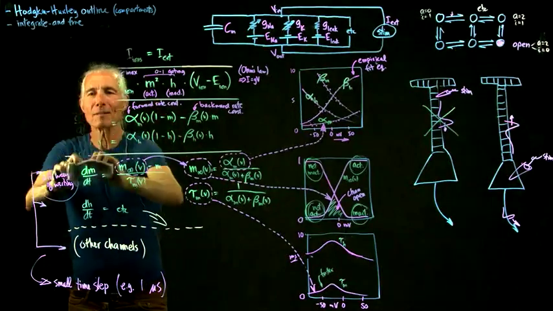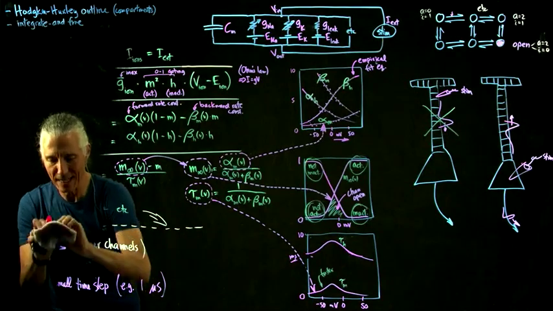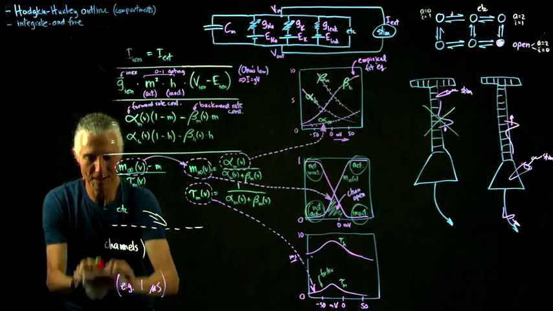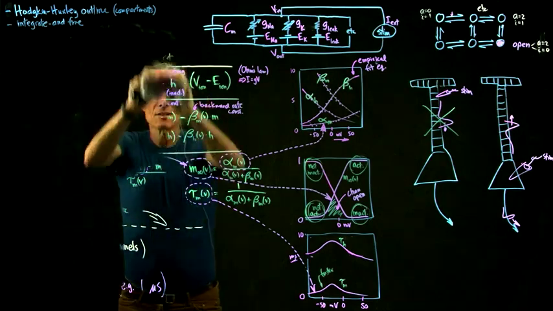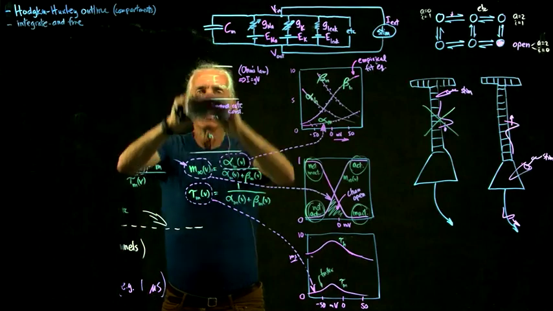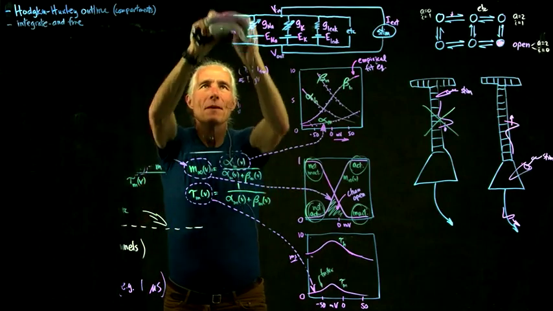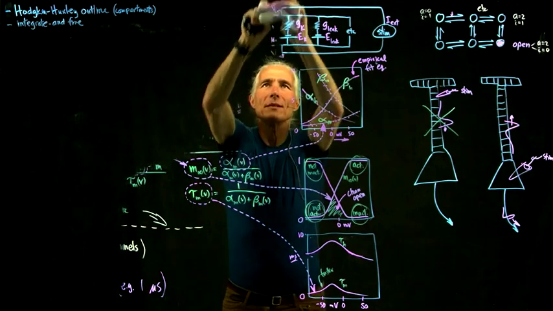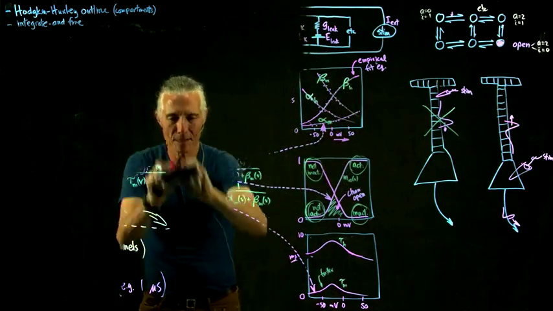One of the big problems with the Hodgkin-Huxley equations is that they're so fiddly, and they're called stiff differential equations because they've got very short time constants. In order to simulate them, when you're numerically integrating, you have to use a very small time step.